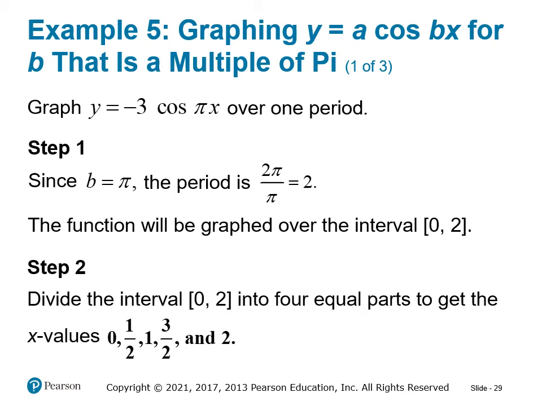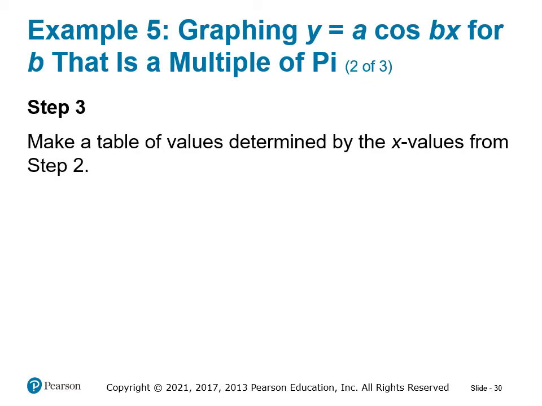Let me slow down, I'm sorry. 1/4 times our period, 1/4 times 2, is 1/2. 1/2 times our period of 2 is 1. 3/4 times our period of 2 is 3/2. And so we get those 3 middle points that are going to correspond to our quadrantals.